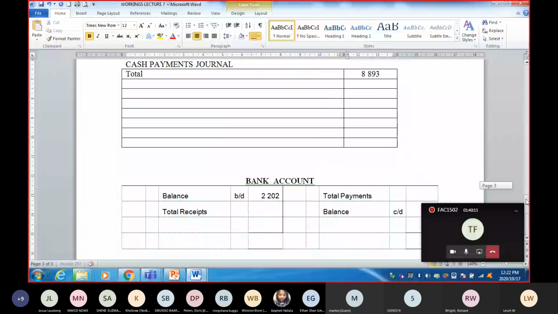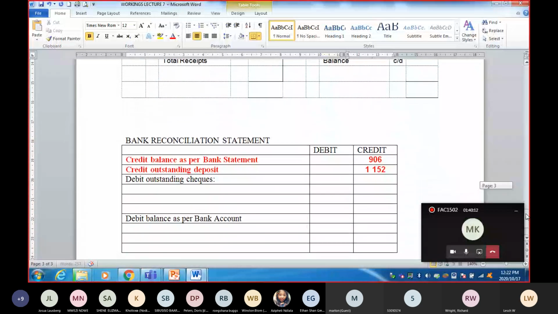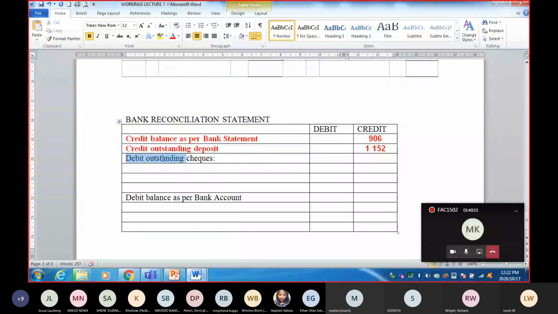Right, into your bank reconciliation statement now. We are now going to record the items that appear in our records that are not on the bank statement. This will now be called our outstanding checks, and our outstanding checks will be the following. Number 813 from last month, it was outstanding last month, to the amount of 152 Rand.